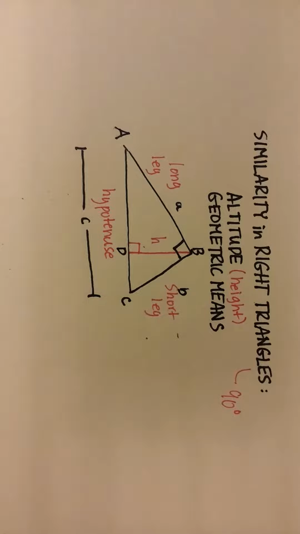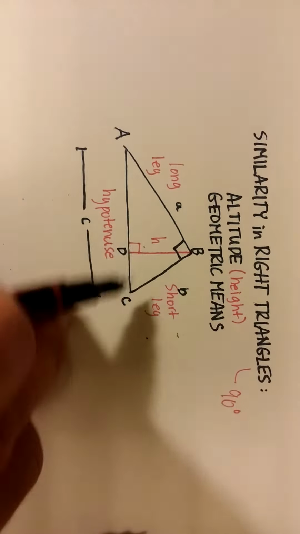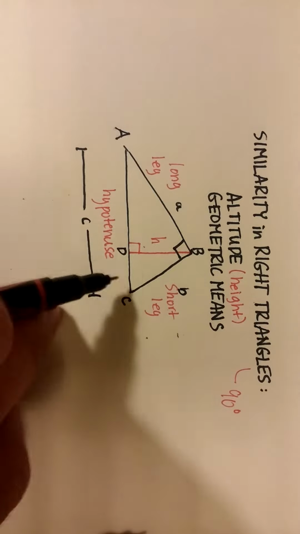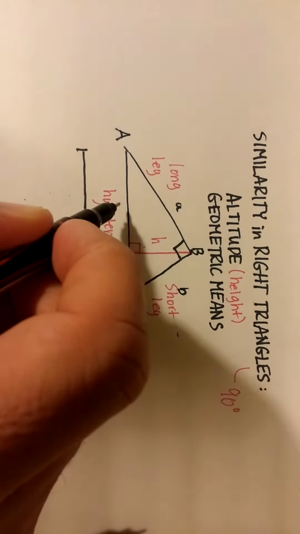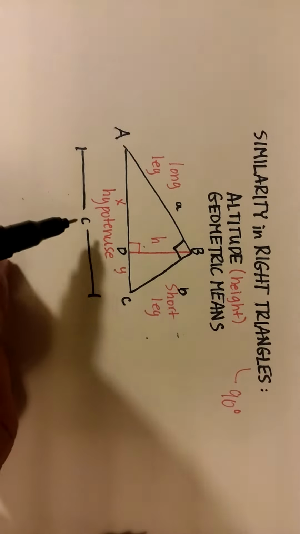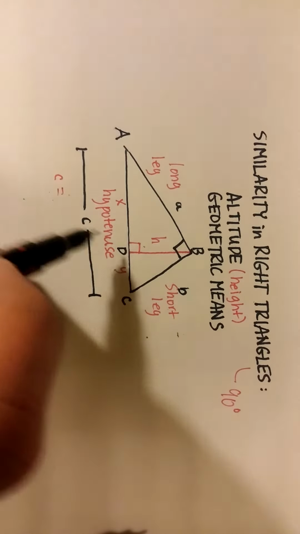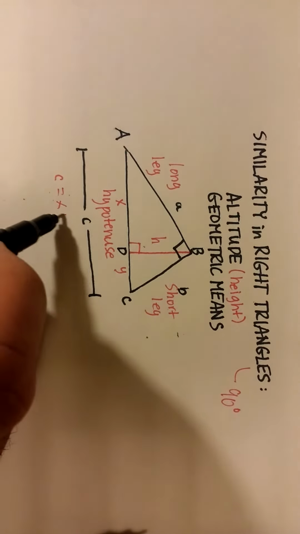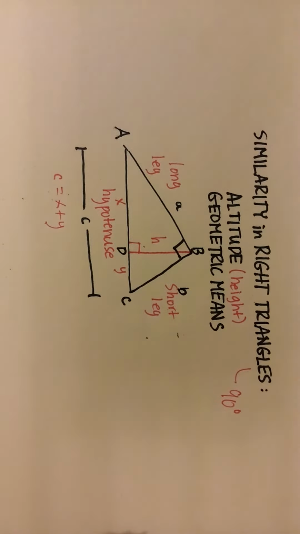And then finally, remember that the altitude breaks the large triangle's hypotenuse into two smaller segments, right? So let's call this x. Let's call that y. So basically what we're saying is that small c is equal to the length of x plus the length of y, okay? That gives me that whole thing.